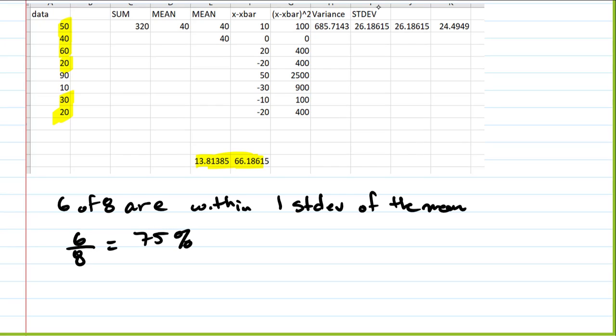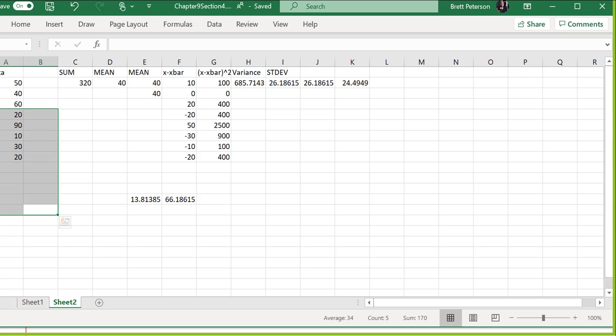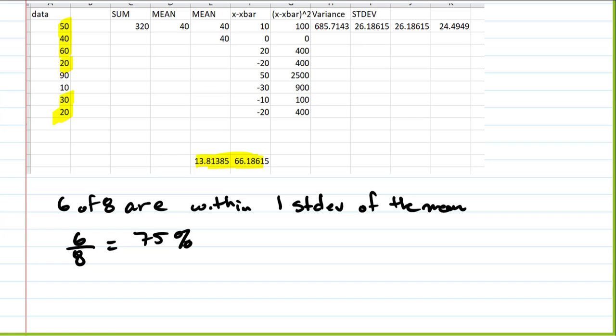Okay, 2 standard deviations is going to be if we take another 26 off each of those. So one more here, if we take 26, it's going to be about negative 13. You add 26 to this, 80, about 92-ish.